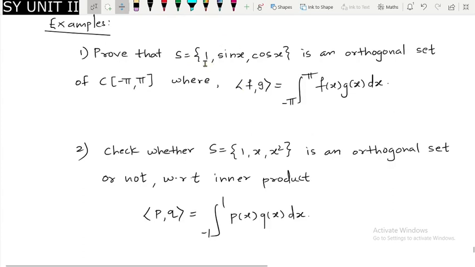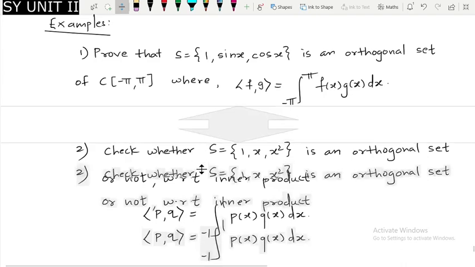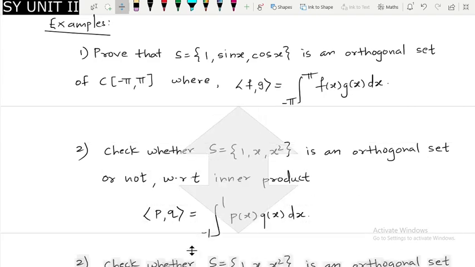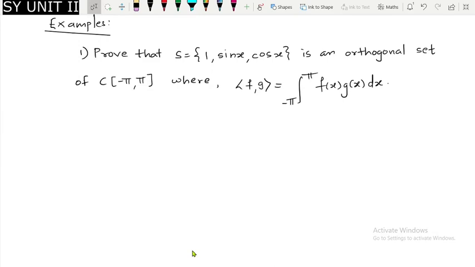Now in case of two vectors it is easy to check, we just have to check one inner product. But whenever you have three vectors in our set, our task increases, because what does the definition of an orthogonal set say? The inner product of any two distinct vectors should be equal to 0. So over here we are supposed to find three inner products. Which inner products?